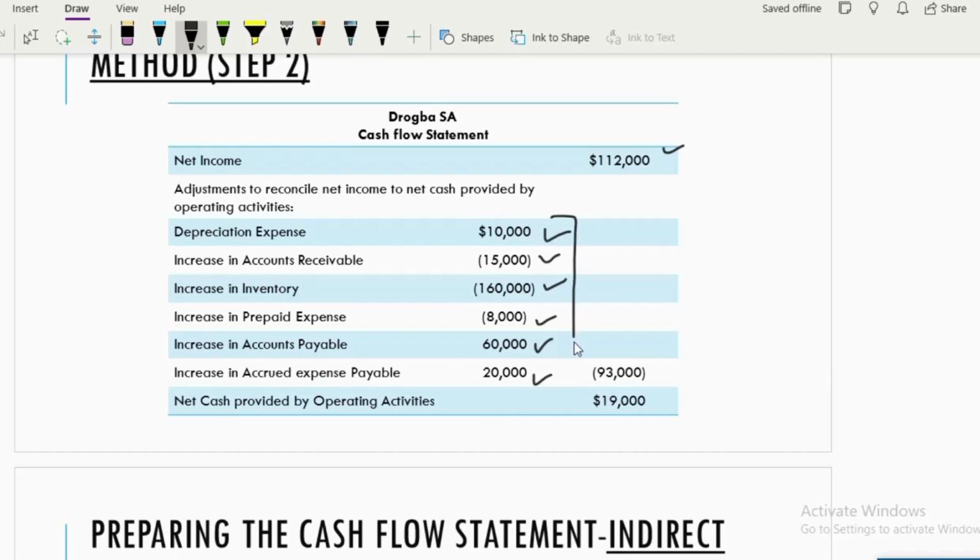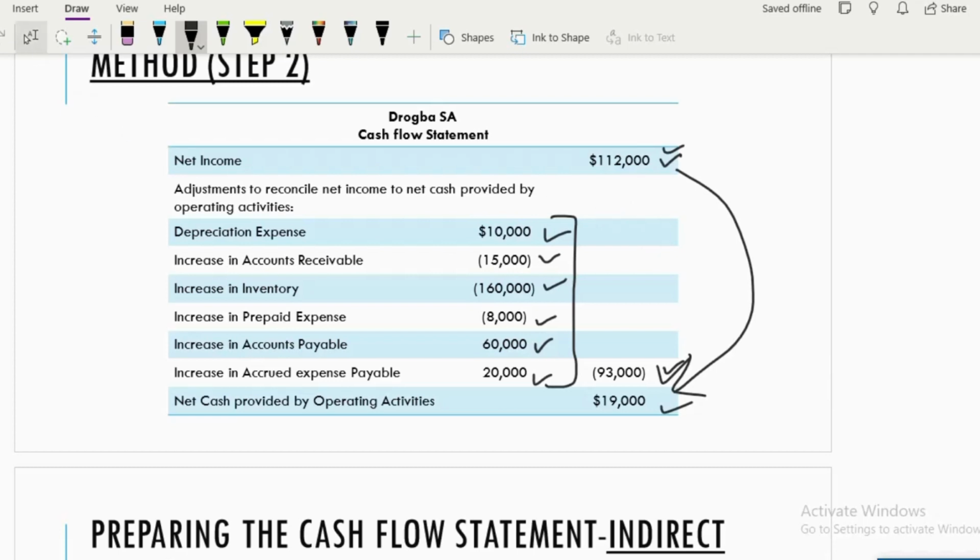When you net off all these increases and decreases, the change is 93,000. So your net income was 112,000, there is a decrease because of the operations, 93,000. So ultimately you have cash provided by operating activities, 19,000.